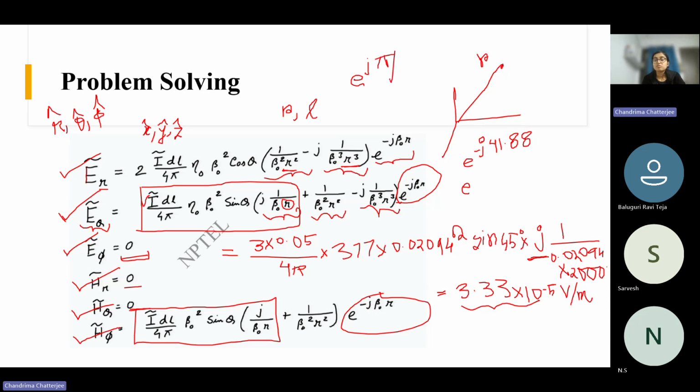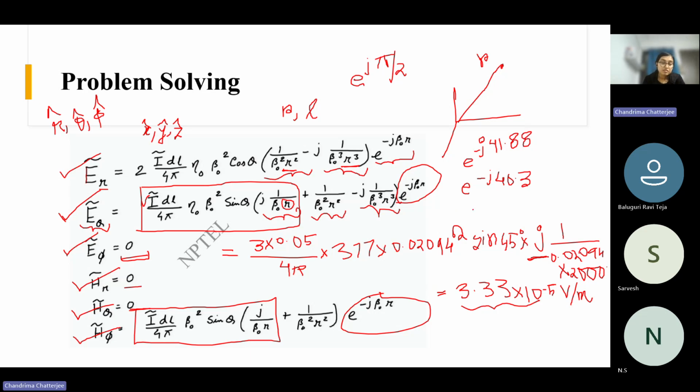We will add pi by 2 with this. So pi by 2 minus 41.88, so this is my e to the power minus j 40.3. Okay.